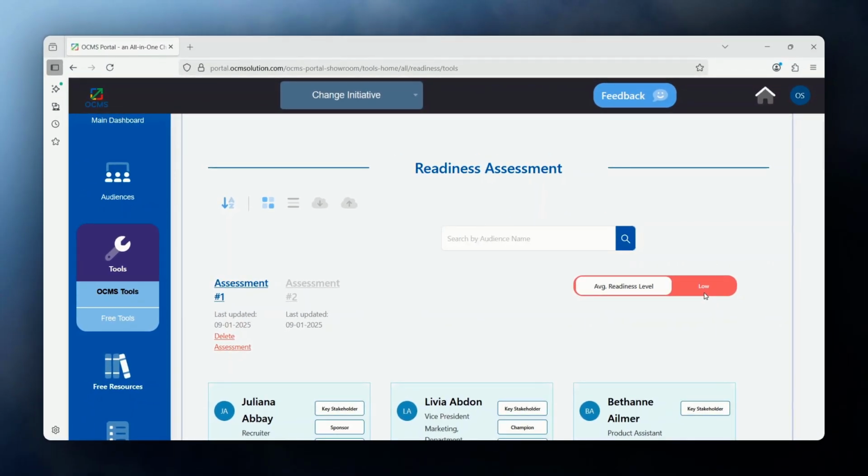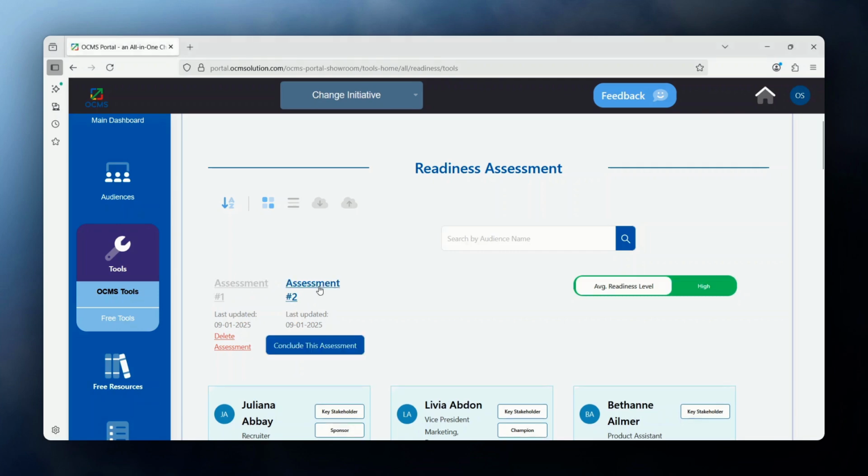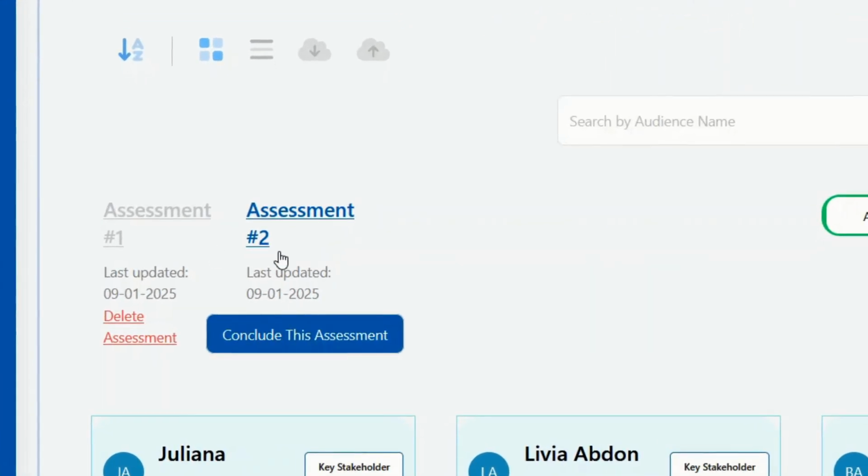We then implemented all of the 6 key steps that I am about to go over with you for conducting the best organizational readiness, after which we conducted another change readiness assessment, which is assessment number 2.